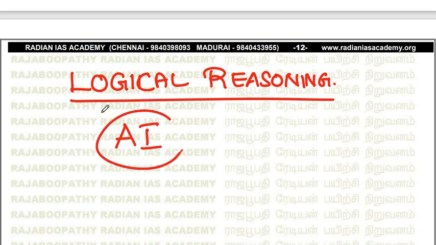What is AI? Artificial intelligence. So what is artificial intelligence? Making computers think independently. At present, computers do not think independently. Based on data, right now it analyzes the data and comes to some conclusion.